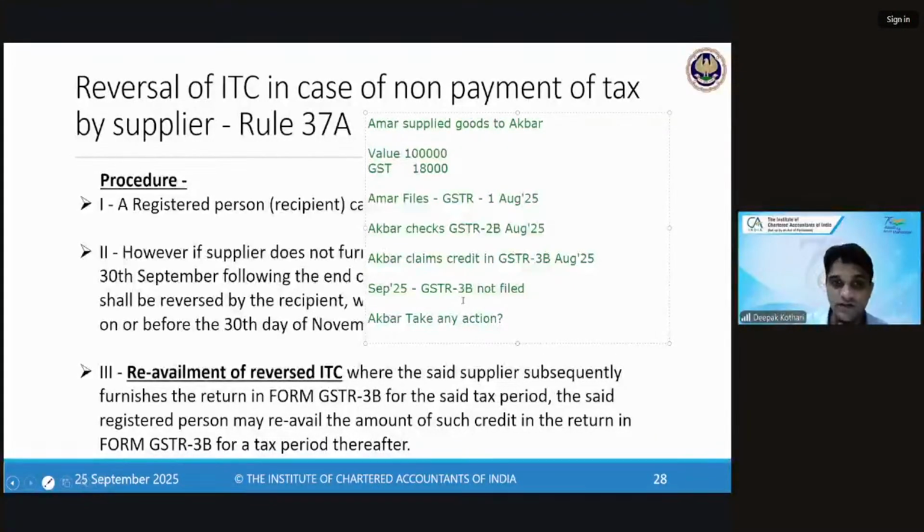He will wait for his filing. Right. Good answer. So Akbar will not take any action in September. In October, will he take any action? Or in November, will he take any action?